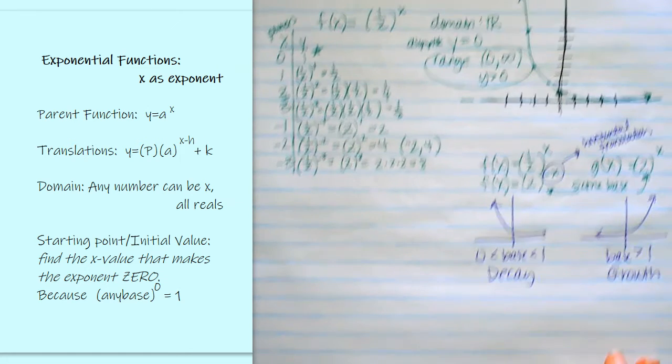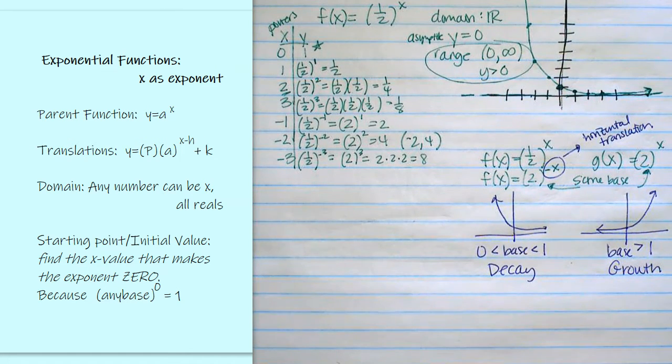So in the notes on the side, I have the parent function y equals a to the x. I have the translation y equals p, the principal value, times the base a to the x minus h. This is where we just got shifted, and then plus k is up or down.